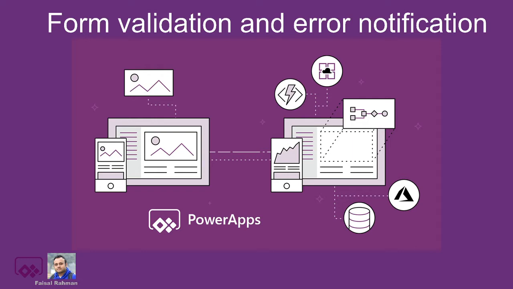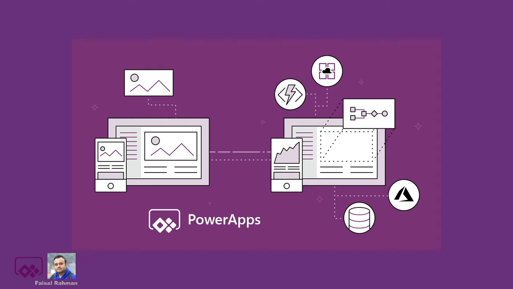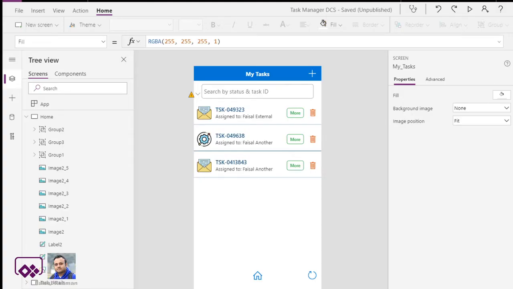Now let's go ahead and see how we can implement this method in our existing form in the My Task page. As you can remember, we had this My Task page designed earlier, and here we had created a pop-up form.